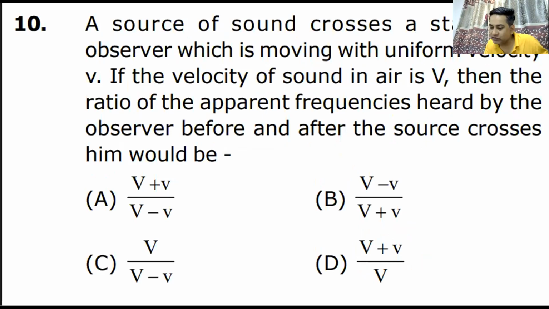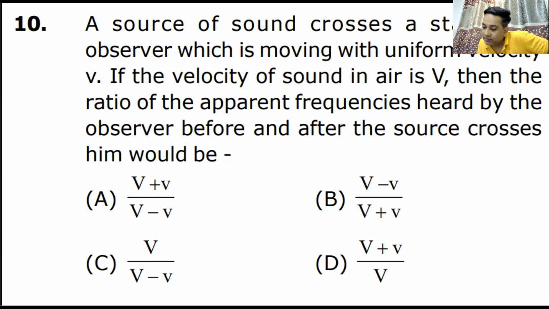This is the next one. A source of sound crosses a stationary observer. Source is moving. Observer is not. Please do not refer to the answer key, because the option may also be wrong.